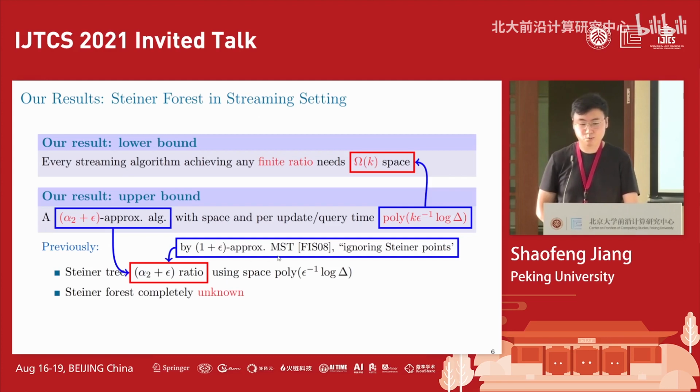And previously, there was a streaming algorithm that gives a 1 plus epsilon approximation for MST in one pass. So we can use this and simply use the solution times alpha-2 as the estimate. But for the general Steiner forest problem, nothing has been known for the streaming setting. All right, so that's our result.